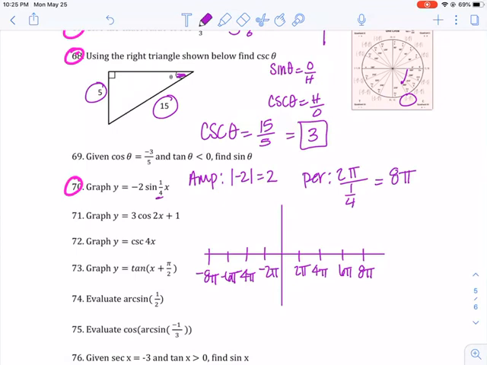Sine graph normally starts in the center, goes up to the right. I have a negative, which just means I'm going to go down to the right. And instead of going just up and down 1, we're going to go up and down 2 because we have amplitude 2. So I'm going to start here, down to the right, up, down, up. So it's going to look like this. And then finish off the pattern, up 2, down.